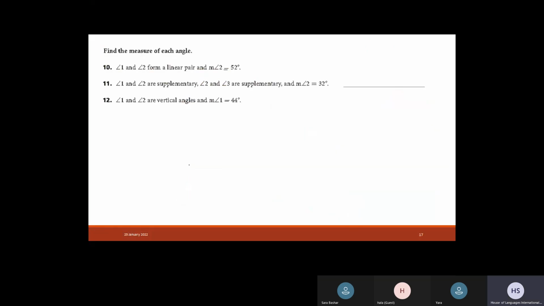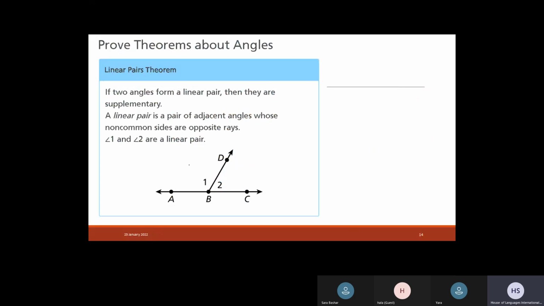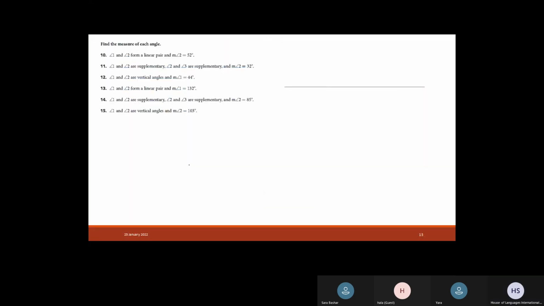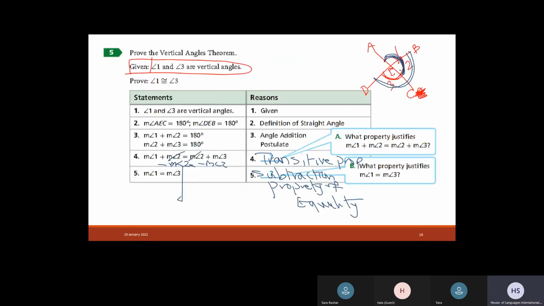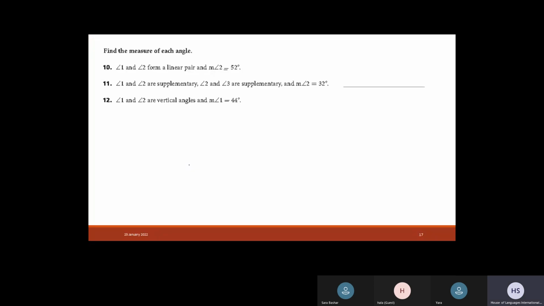Now, here, 1 and 2 form... No. Just a minute, just a minute. Number 14 is 95, and number 15 is 103. I want number 20. Sorry.